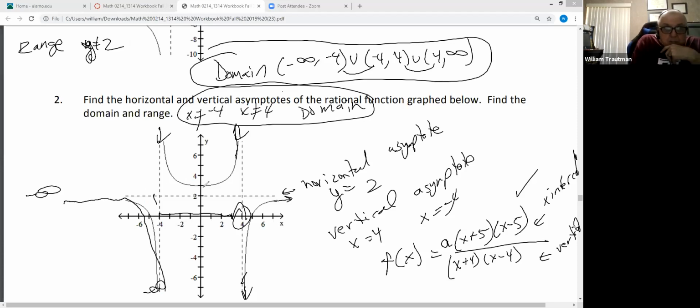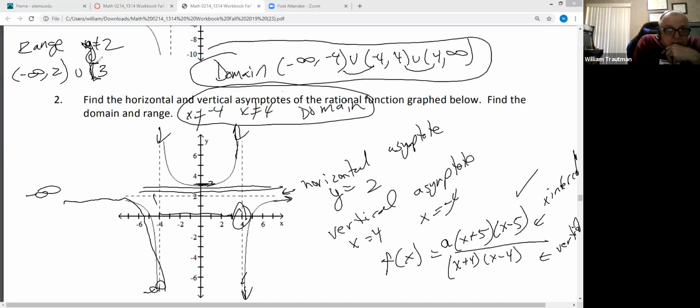Then it starts up again, and it doesn't start up again until 3. So you can say -infinity to 2, but then there's no graph right here. The graph starts back up at 3, and it looks like it equals 3.